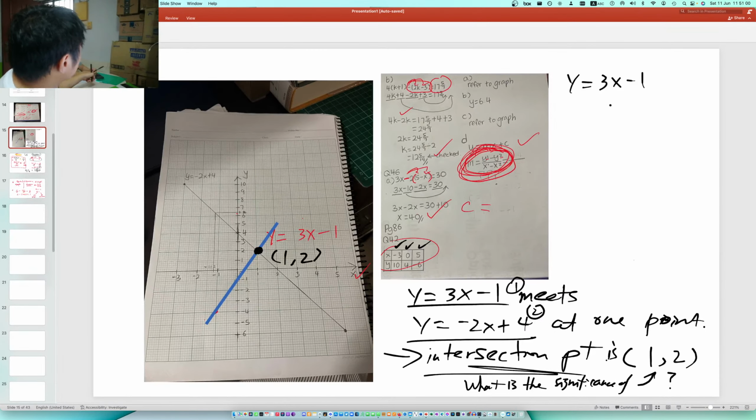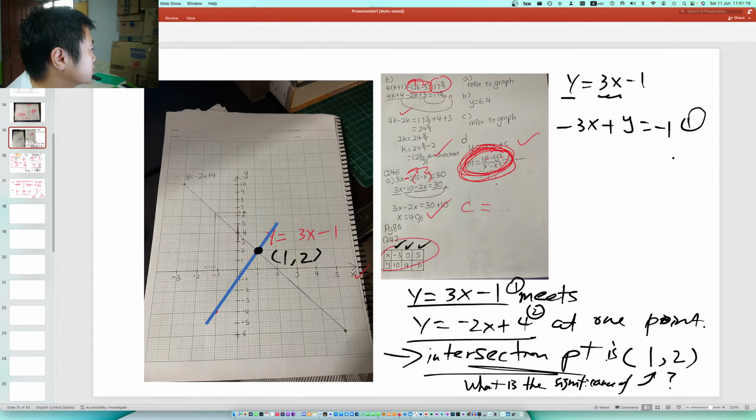If you use your calculator, you check, the simultaneous equation looks like this instead. This format. You have a 3x here, right? You need to move the 3x over, so it becomes minus 3x. Then of course we have plus y equals minus 1.